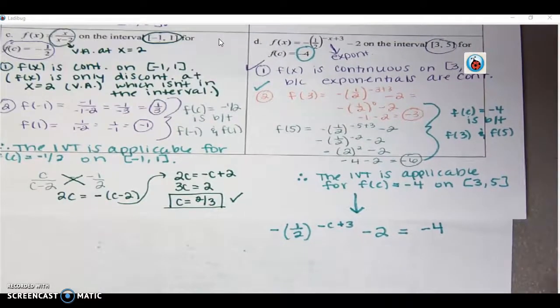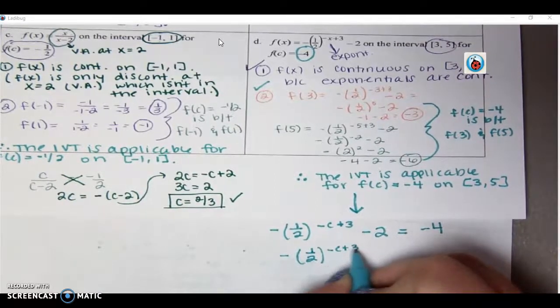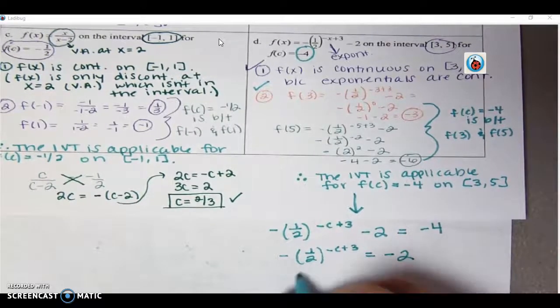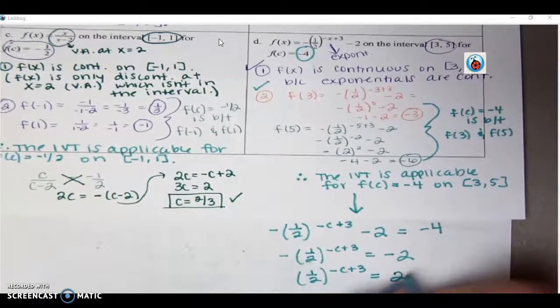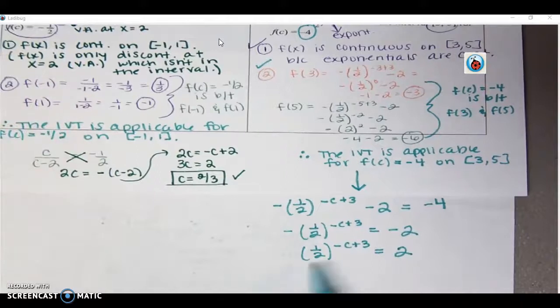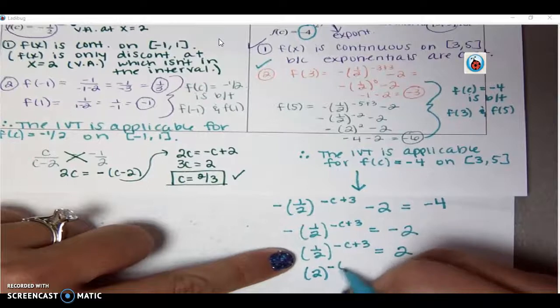Okay, so to solve this, we're going to add this negative 2 over. That'll give us negative 2. Then I'm going to divide both sides by negative to get rid of that negative. There's a couple ways to do this. You could use logs, but since I already have this close to the same base, I can change this to a base of 2 as long as I take out a negative up here.